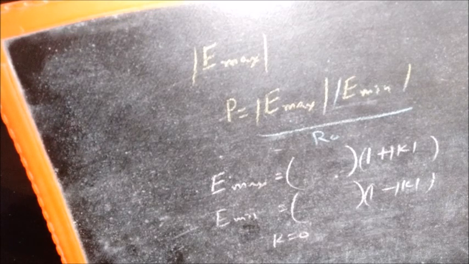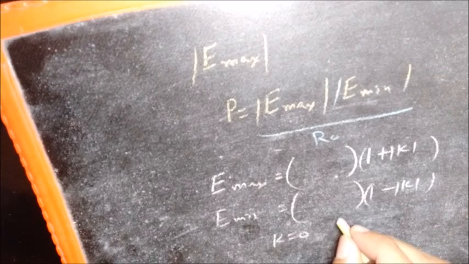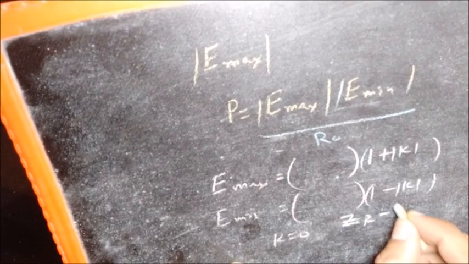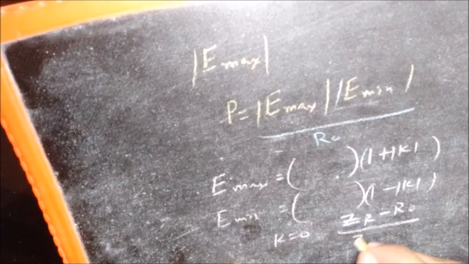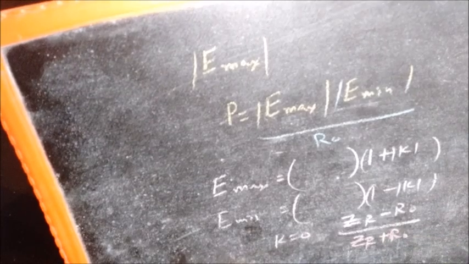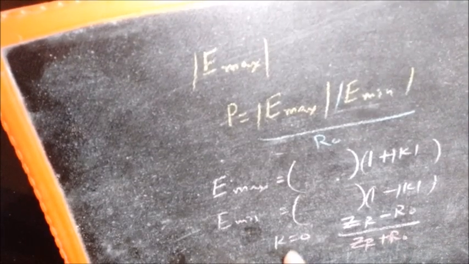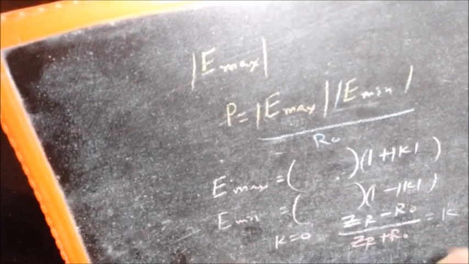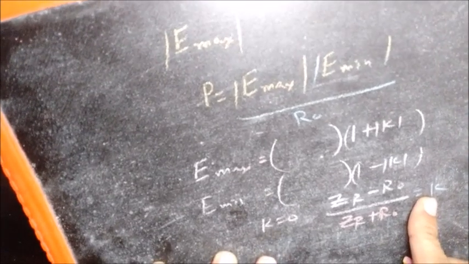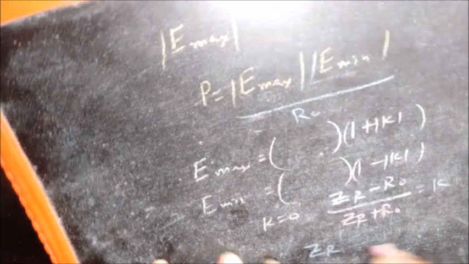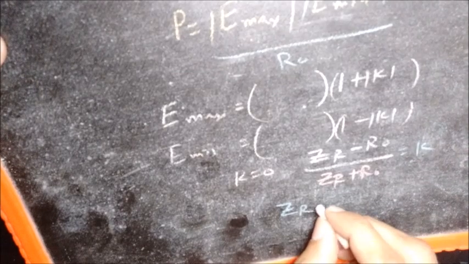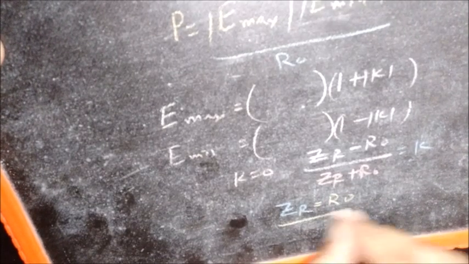Making K equal to 0 implies, since K is given by ZR minus R naught by ZR plus R naught, this K can be 0 if ZR is equal to R naught.